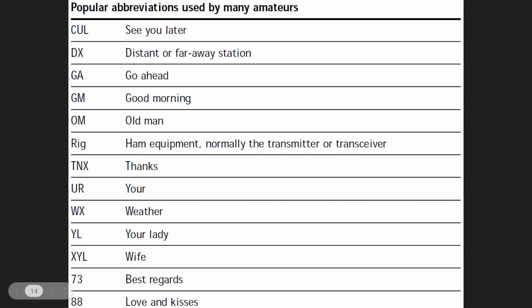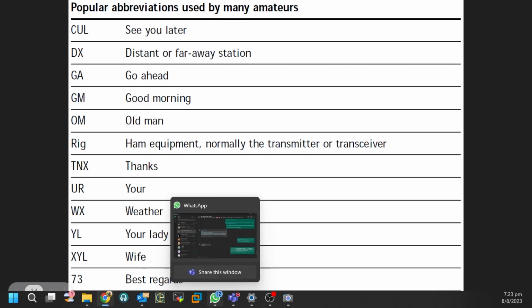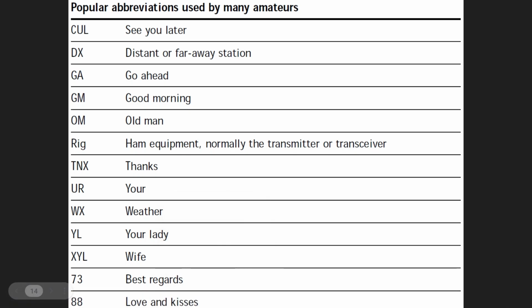If you want to know why some messages use a certain combination of characters, it is because of the way Morse code is designed. For example, 73. If you type it, it's da da di di di di di di da da, so it's a symmetric signal.